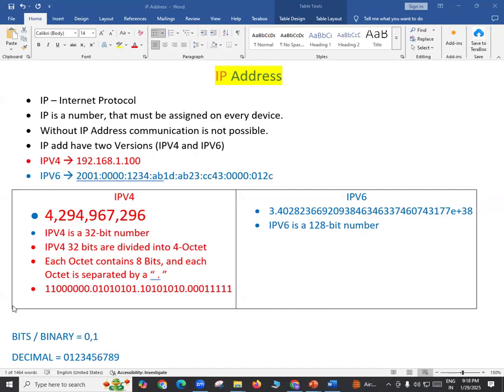IP version 4 is very old, designed in 1981, and IP version 6 is the latest one. Compared to IP version 4 it is the latest because it was designed in 1998. Okay. So till today, within our local area network, within our company's network, in 97 to 98% of cases we are using IP version 4.